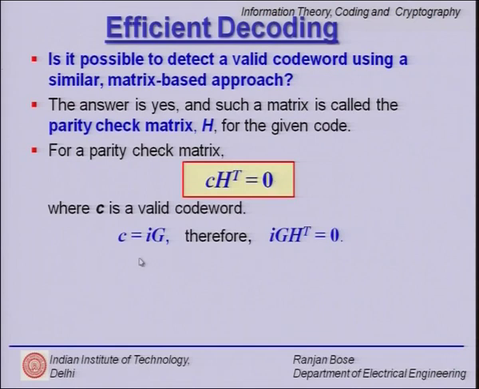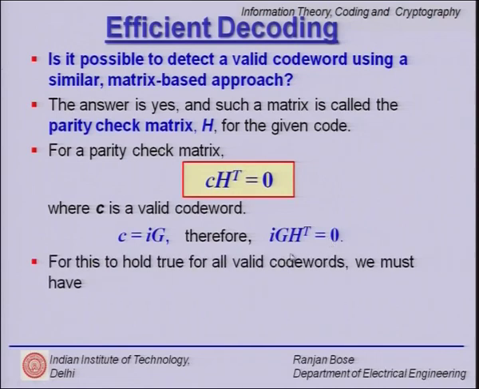Now, we know how a code word is generated. It is done using a generator matrix: C is equal to I, the information vector, into G. Therefore, if you replace the C by I into G, you get I G H transpose equal to 0, but this must be true for all valid code words, all information words. So, regardless of I, this must hold true, which forces us to put G H transpose equal to 0.